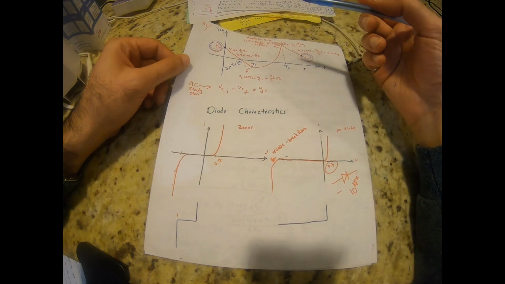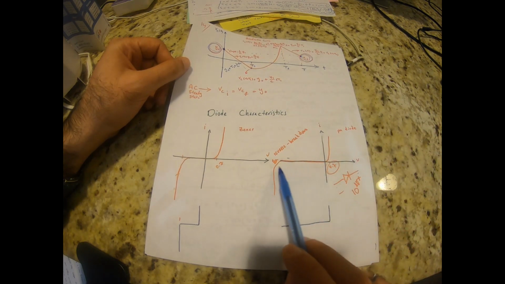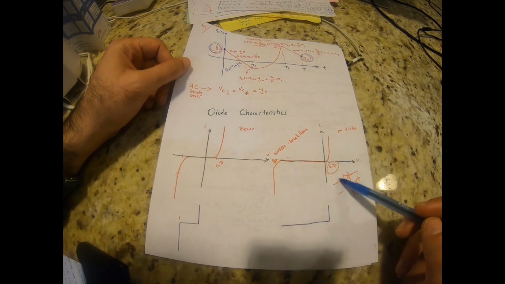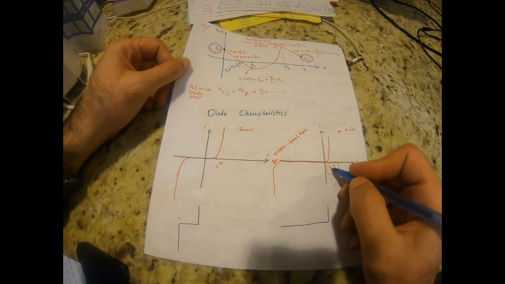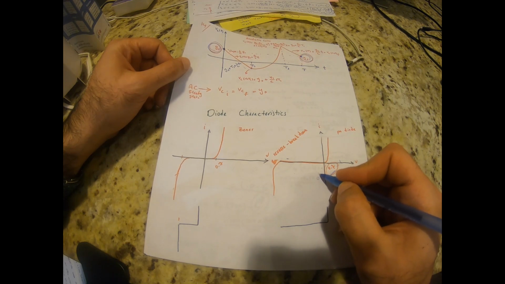And the diode characteristic for a PN diode and a Zener diode, this is the practical characteristic. Both of them have a forward bias, which is around 0.7 up to 1 volt, sometimes even smaller.